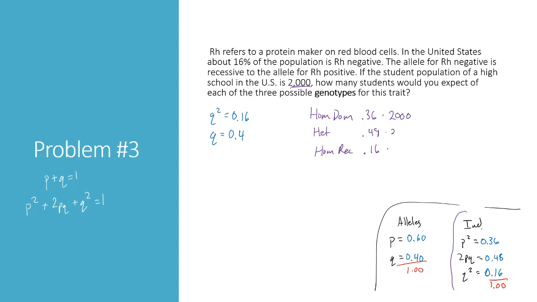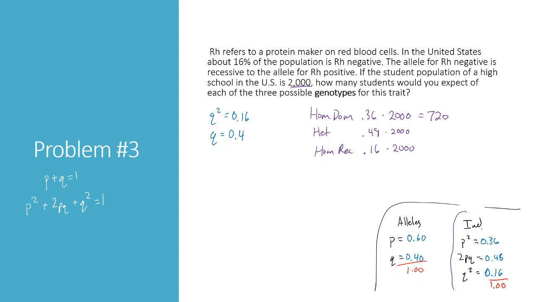So then to figure out how many individuals there are from that, it's going to be a matter of multiplying those percentages times the number of people in that population. So for the homozygous dominant group, we should have about 720 individuals that are homozygous dominant.